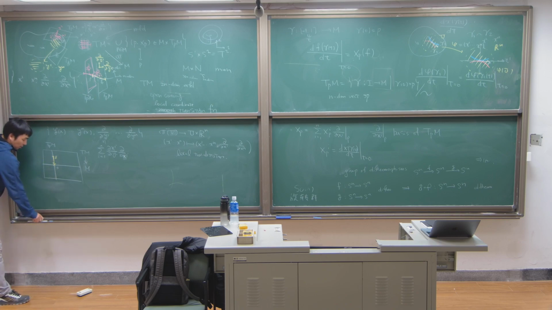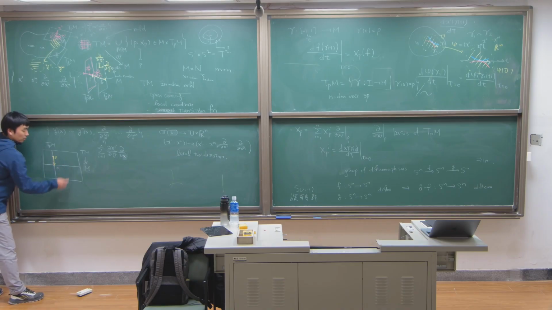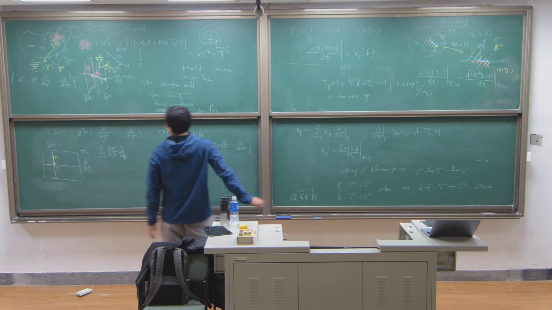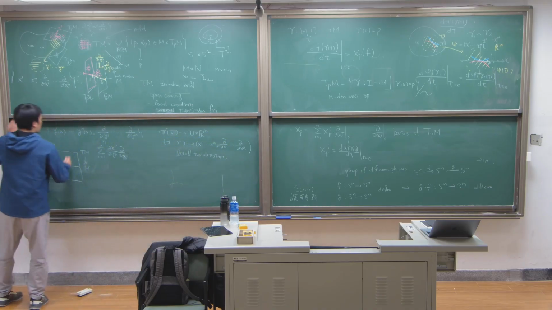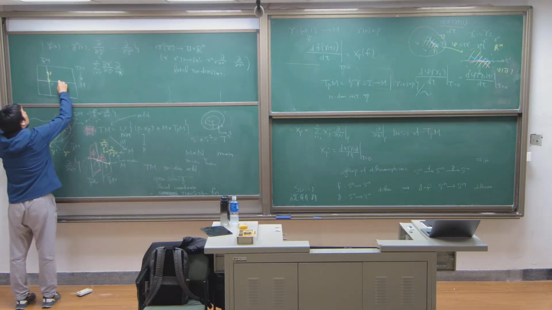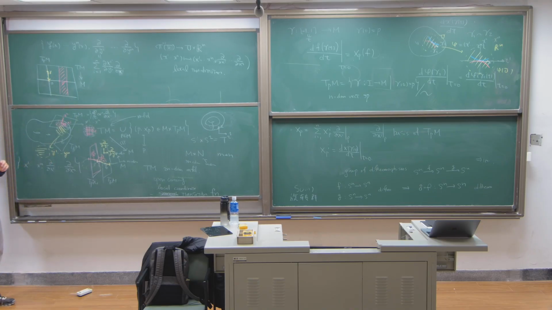So now, if you have the open space U, maybe it's better to use red color. Therefore, if you have open space U, then pi inverse U is exactly this place.